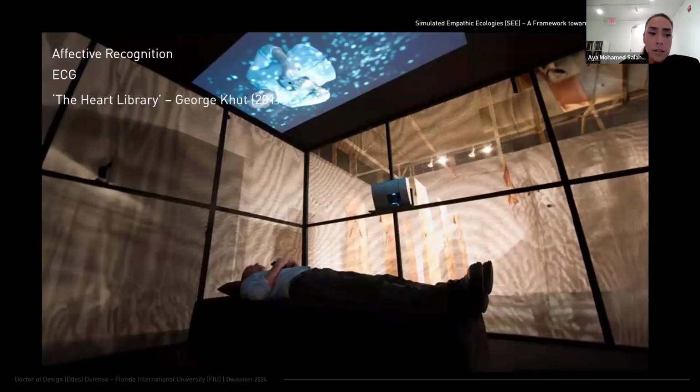Another precedent here, The Heart Library by George Hood, looks into integrating ECG data into an interactive projection, having this immersive visualization that responds directly to the heart rate and translating these silent modulations into dynamic shifts in colors and motion that is projected into the space.